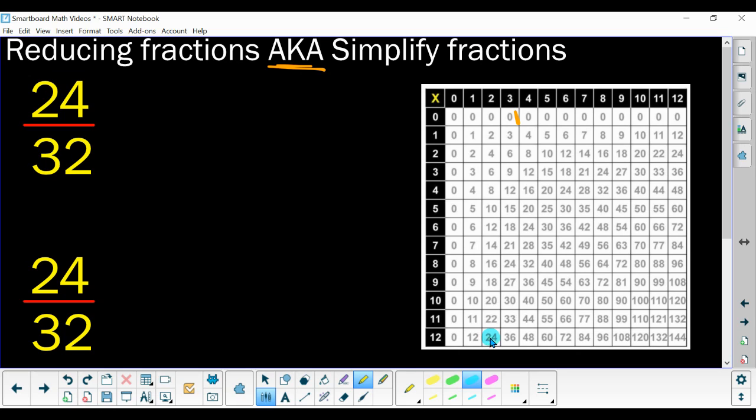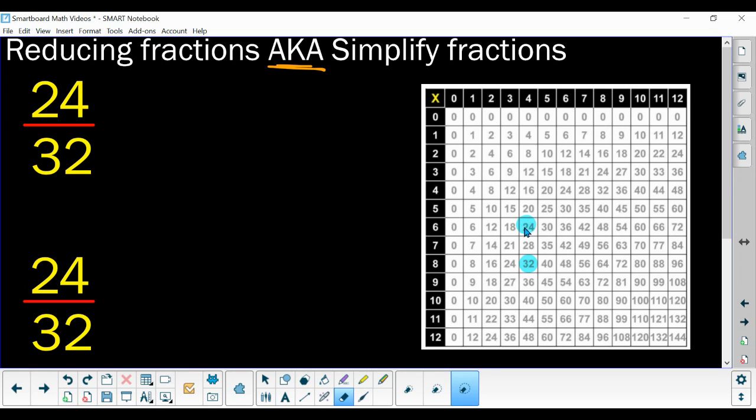Going down, there's 24, but there's no 32, so that doesn't count. Well, there's 24 and there's 32. But just because it's lined up where the 4 is at doesn't mean it's going to be appearing anywhere else. You have to keep on looking through the whole multiplication chart just to make sure.